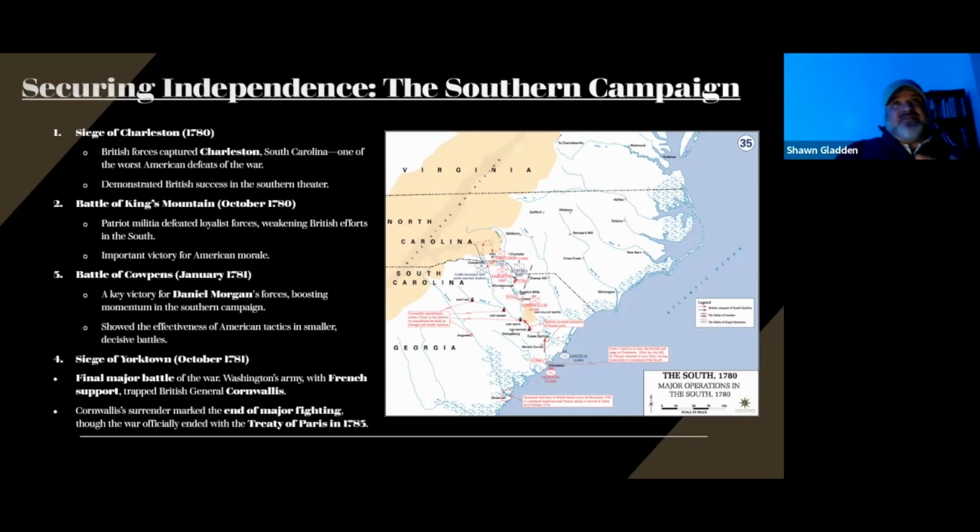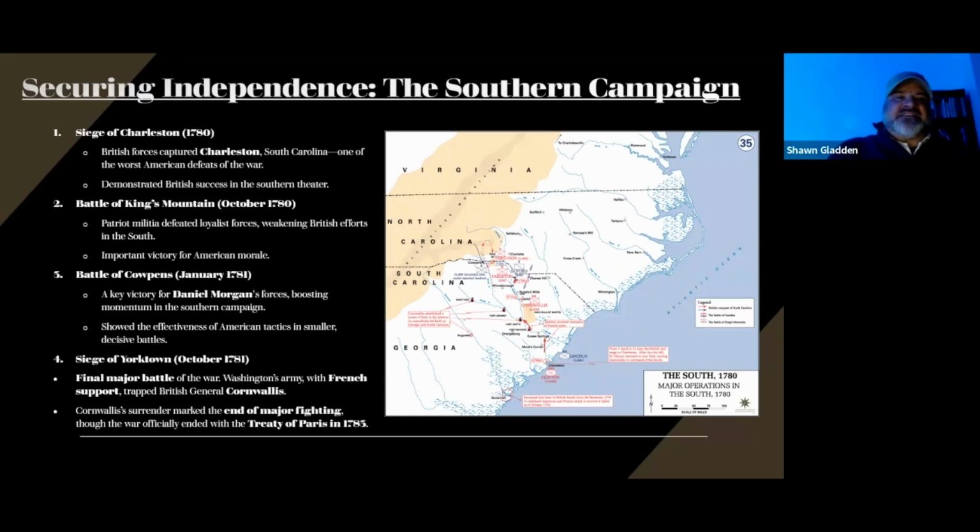So their support in the South was starting to be etched away anyway. And now, after the Battle of Kings Mountain, some of that momentum is turning in the Patriots' favor.